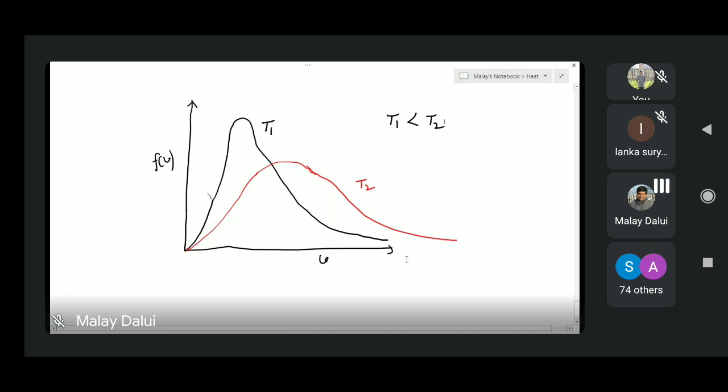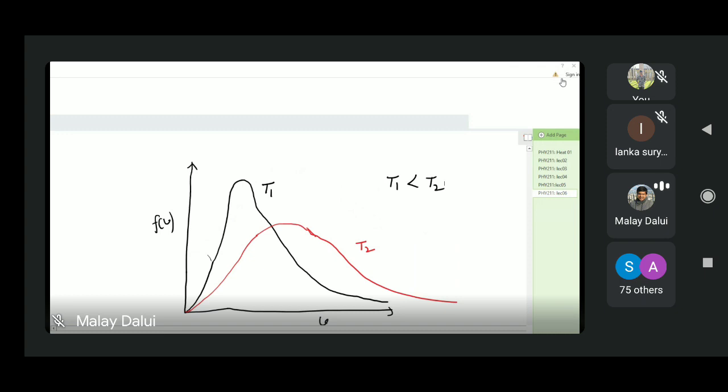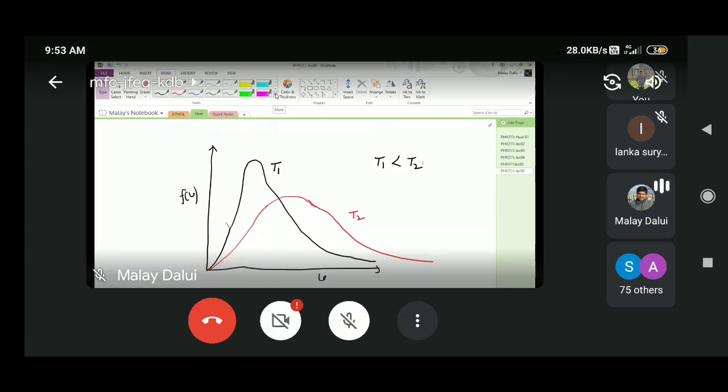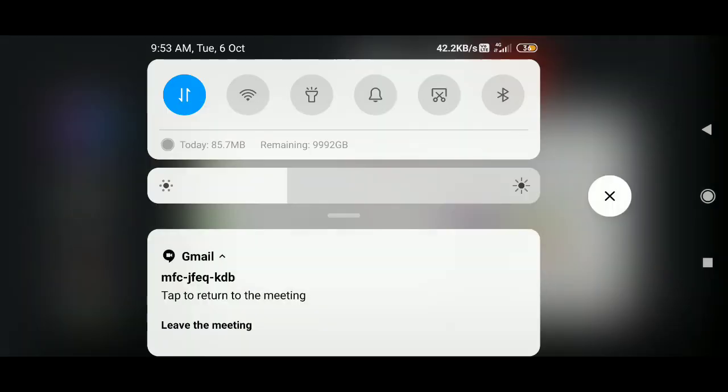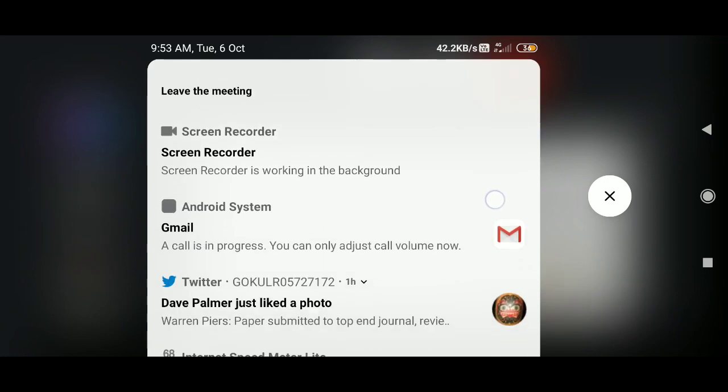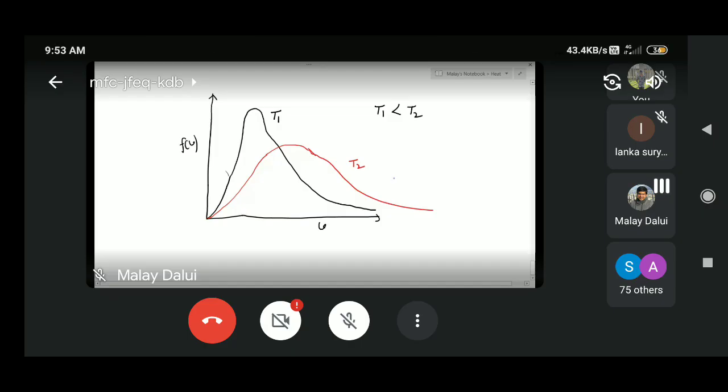Now you can define another quantity, which is called the width of the distribution, or sometimes the full width at half maxima. You can take full width at half maxima, half width at half maxima, whatever, or sometimes they take the point where the distribution function goes to 1 over e of its value.